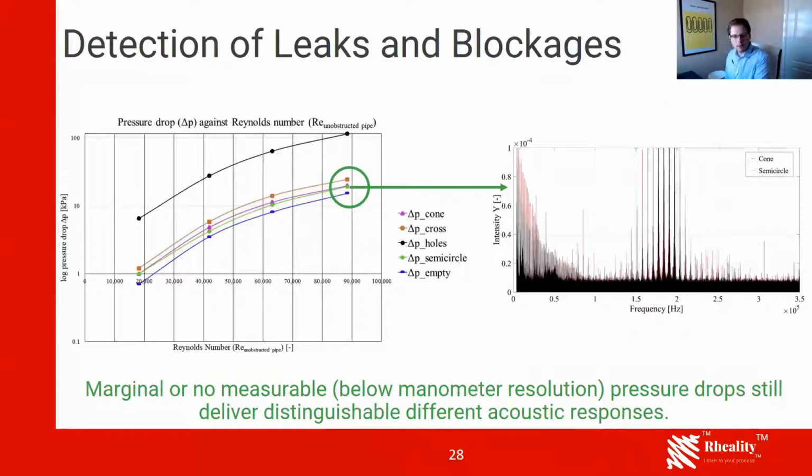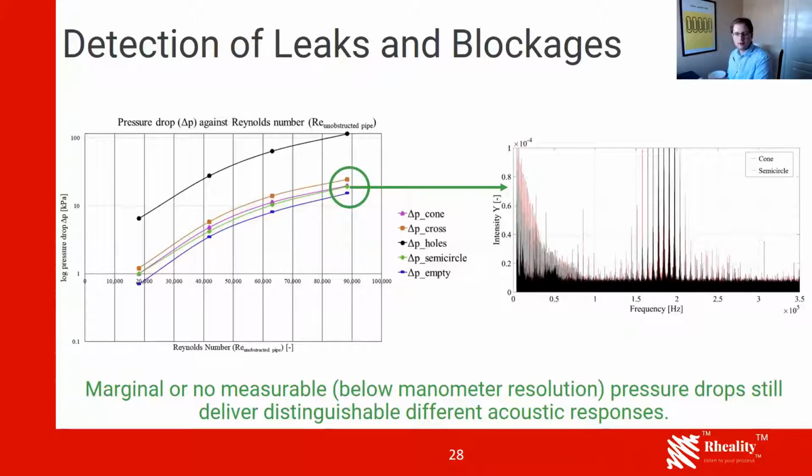In particular, the interesting thing about pressure drop measurements is what we see here in this singular point: the green circle one, these like two, the pink one and the green one. The difference is 0.001 bar in that measurement. It's very, very marginal.